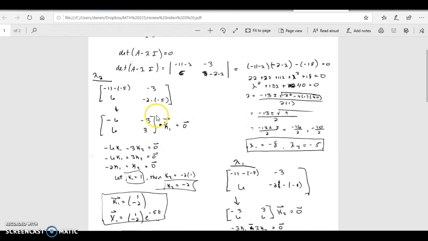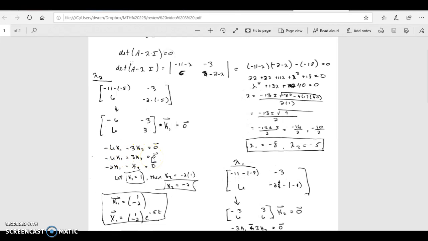Just taking the top half, multiplying it by the k vector, you get negative 6 k1 minus 3 k2, which equals 0. Ignore the stray 0 vector; you get negative 6 k1 equals 3 k2.